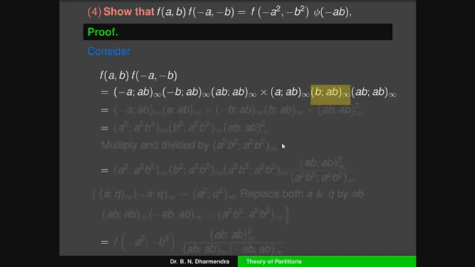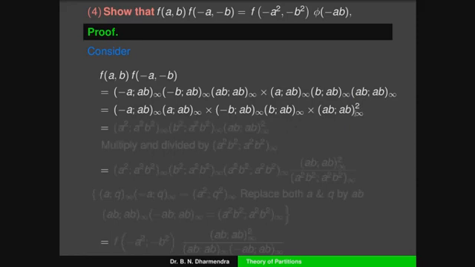So that is in terms of a square, that is a minus b into a plus b form. That we already discussed, and also here ab infinity appears 2 times, so we have to take the square. The first term is minus ab infinity ab infinity into minus b ab infinity b ab infinity into ab infinity whole square.